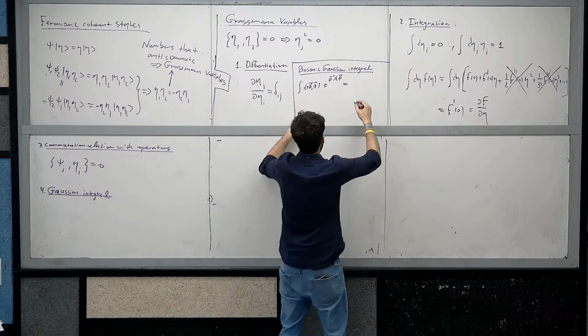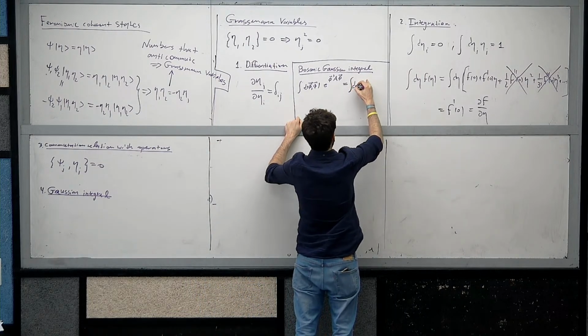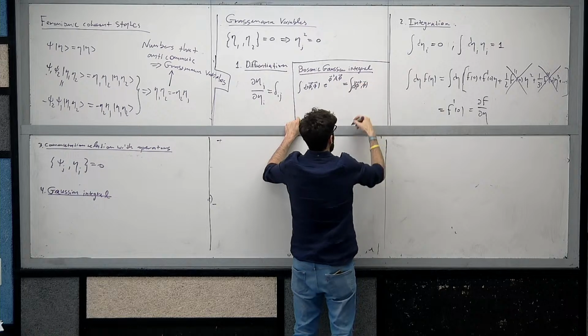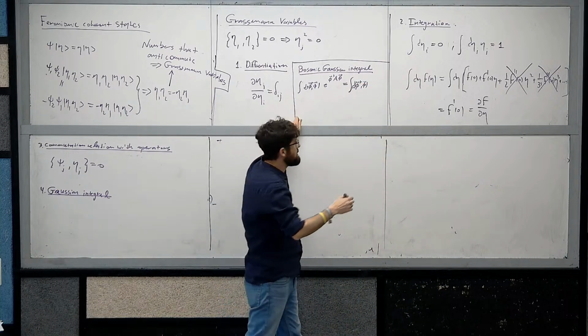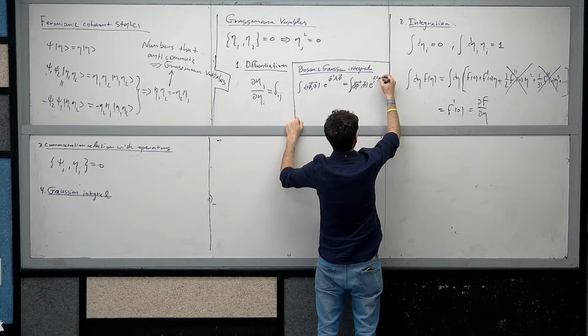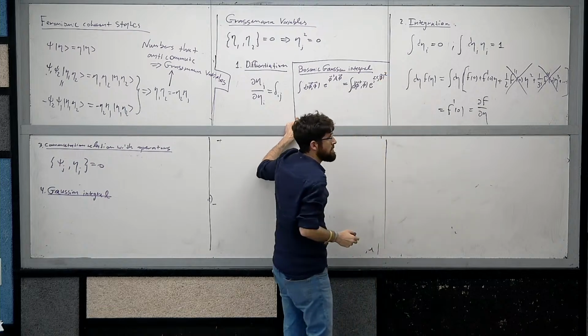Maybe I'll write that. So we get something like d, let's call it phi tilde dagger phi tilde. These phi tildes are the rotated basis, and then we have e to the, say, sum over j epsilon j phi tilde squared, like this.